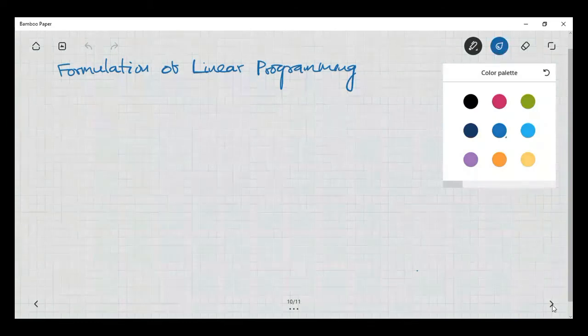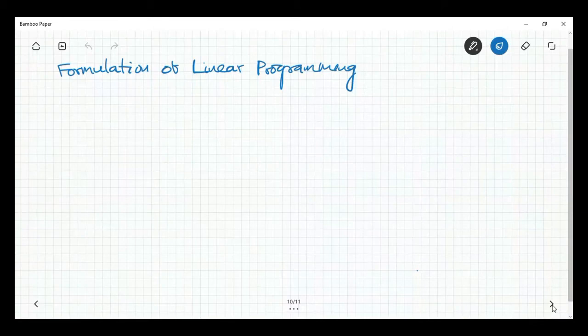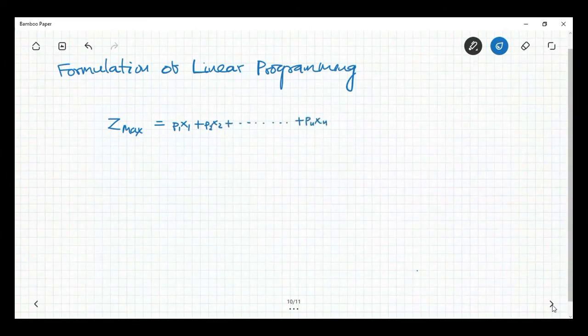Now we'll see what a general linear programming model looks like. It would have Z max or Z minimum, subject to constraints.